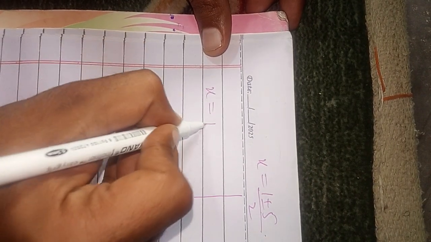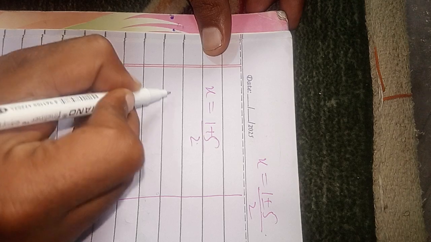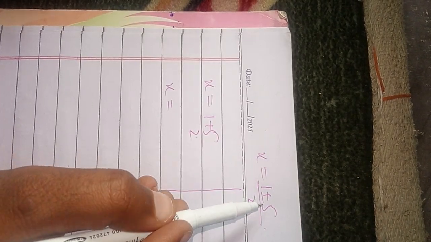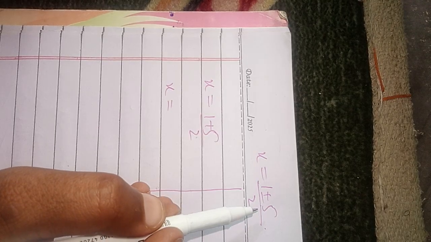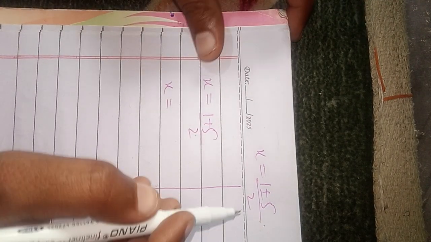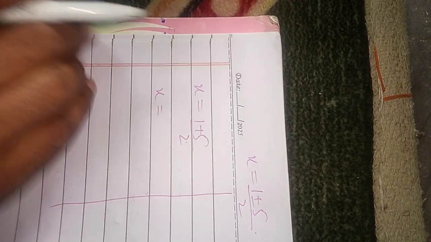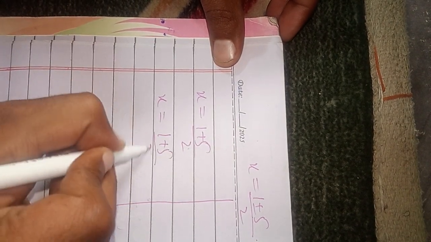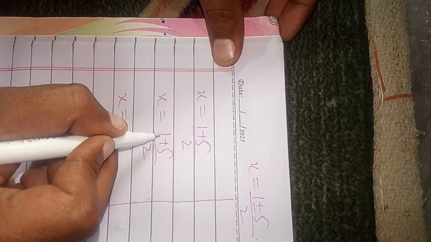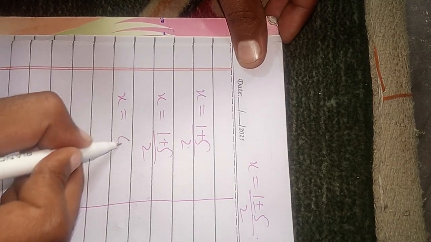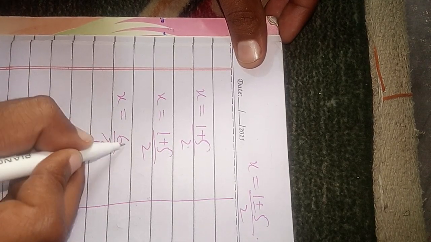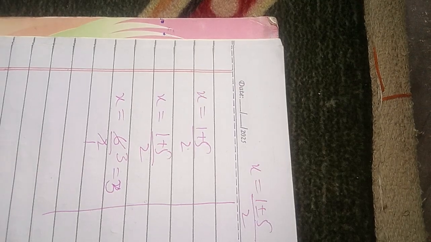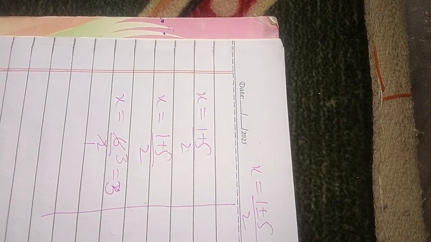We will take the positive 5 one time and the negative 5 the second time. Let's take the positive 5. So it will be 1 plus 5 divided by 2, so 5 plus 1 will be 6, 6 by 2, 2 threes are 6. So the answer is 3.